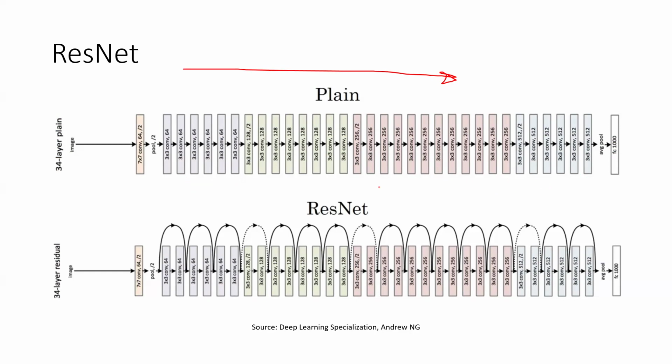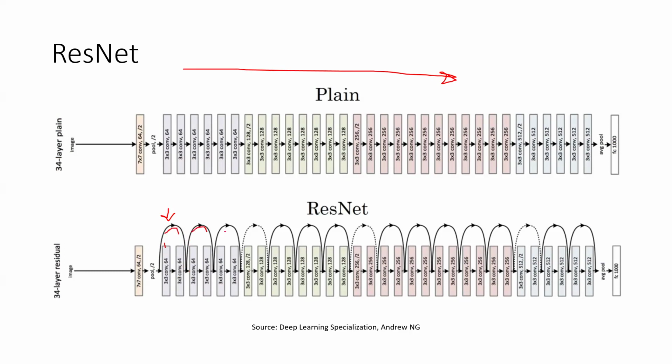Because this neural network is so deep, too long means too deep, right? Then you can apply shortcuts like this one, bypassing each of the layers. This layer is bypassed by adding this path.